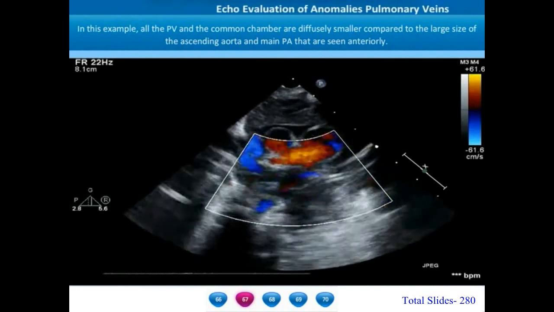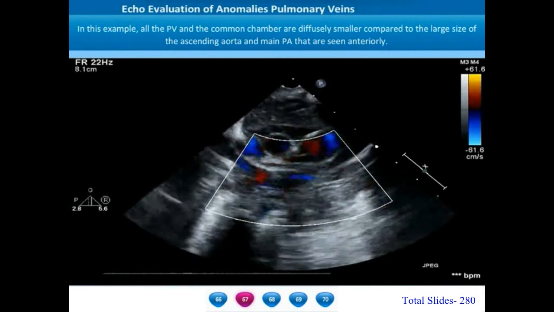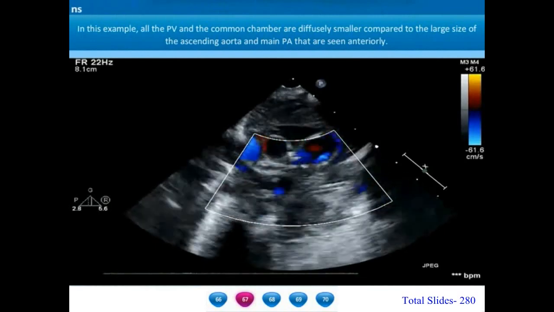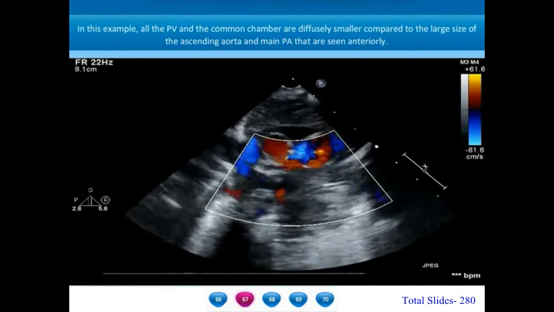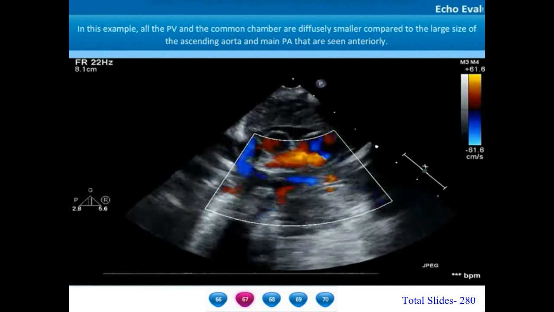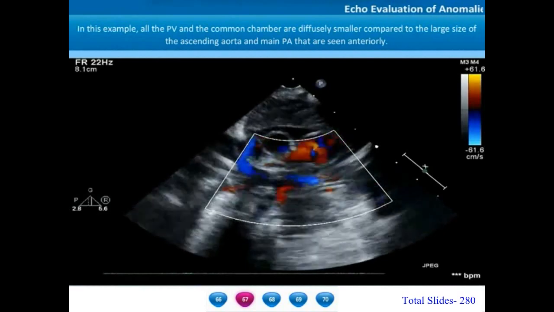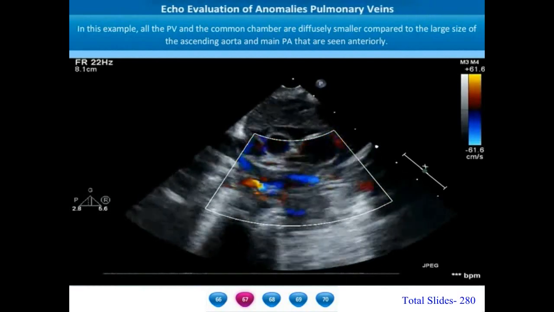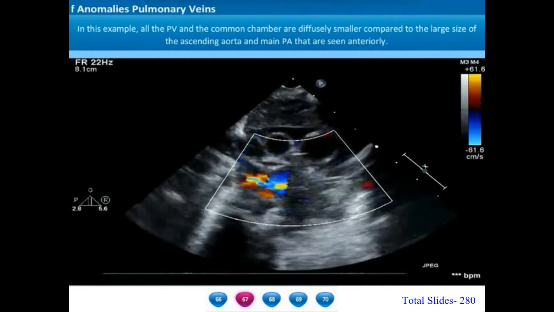Compare the size of the pulmonary veins and the common chamber with that of the anterior superior vena cava, the anteriorly located ascending aorta, and the anteriorly located main pulmonary artery. All the pulmonary veins and the common chamber are looking smaller. You also notice that unlike the previous instances, the color flow is not extremely brisk. This is indicative of relatively low pulmonary blood flow and low pulmonary venous return.